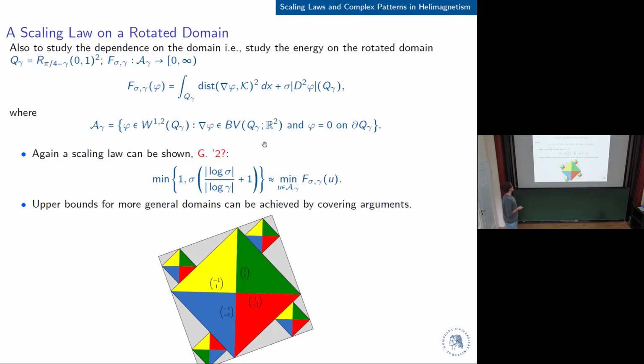And then again, you can prove the corresponding scaling law, which looks roughly speaking the same way, in the sense that again you see something like sigma log sigma, and now the angle, also measuring the compatibility here, replaces what was theta before, measuring the compatibility with boundary conditions the same way.